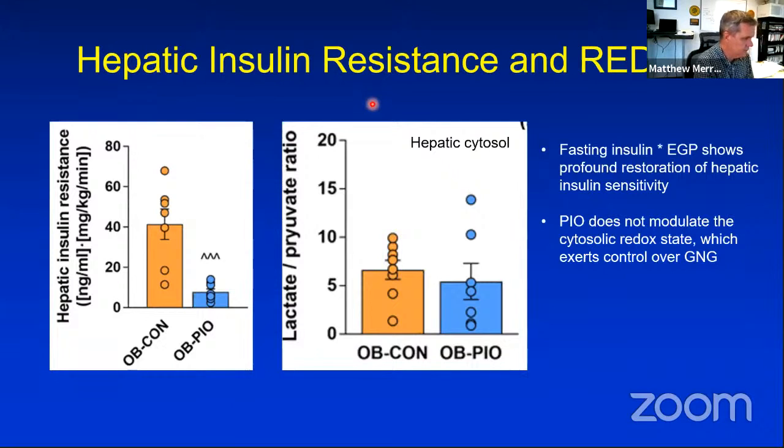In this case, it was not changed. There wasn't even really much of a trend at all for a change in the lactate to pyruvate ratio. We need to keep this in mind because one of the primary ways that you can control gluconeogenesis is by changing that redox state. That is not the source of what we're going to be seeing here.